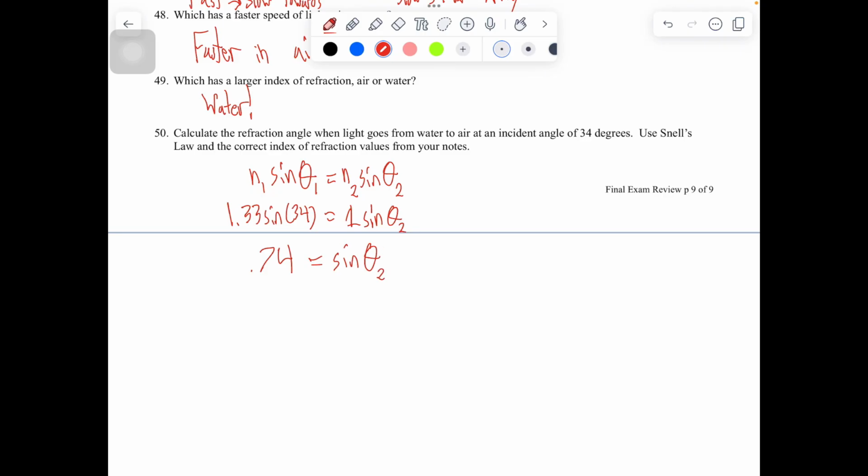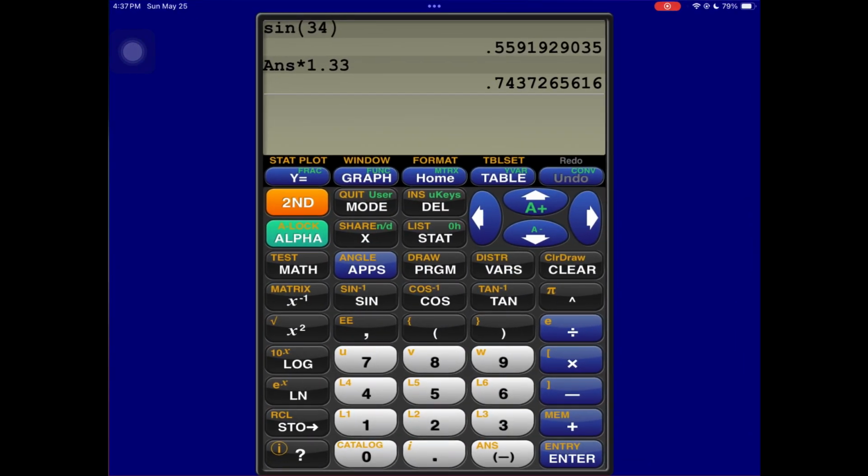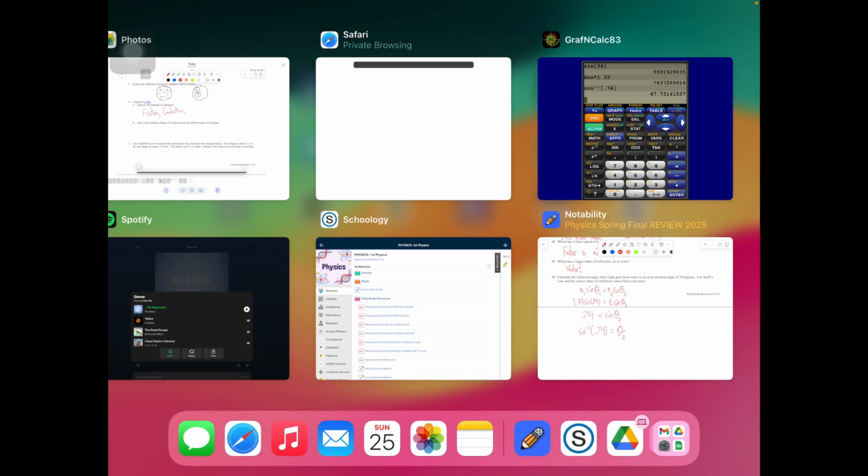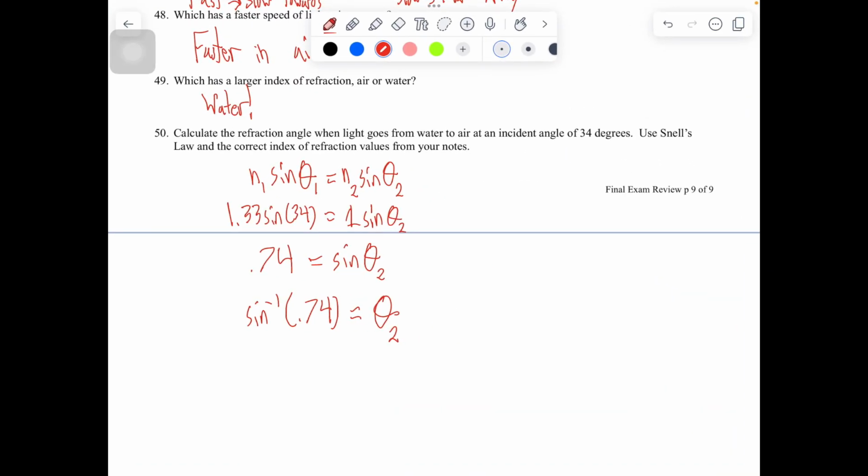So right away, we have 0.74 equals sine theta 2. How do we solve this? Take the inverse sine of 0.74, and that is going to give us the angle. The angle is 47, almost 48 degrees. Let's go ahead, we'll round up. 48 degrees.